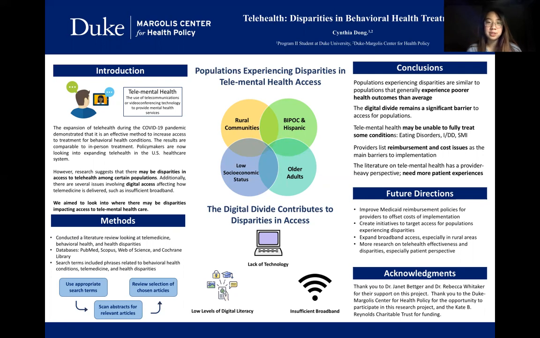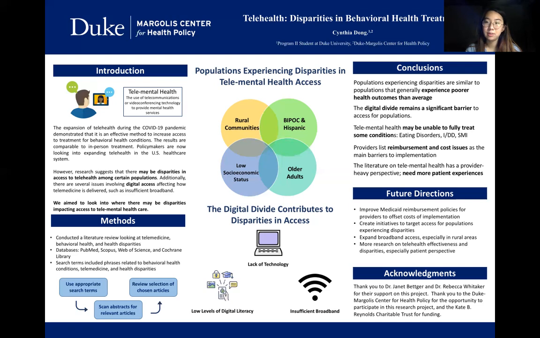Many of the groups that experience these disparities in telemental health access are communities at the intersection of these, and often the intersection of their identities causes greater disparities in access.